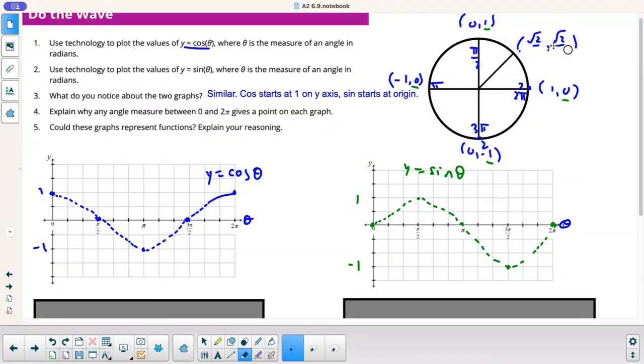So, as I move my angle along here, there's always an x coordinate on this circle. It's continuous, okay?